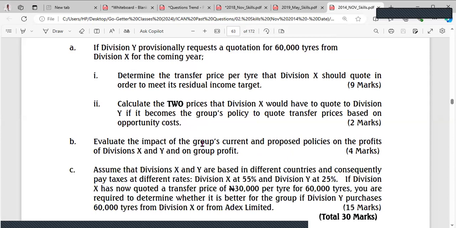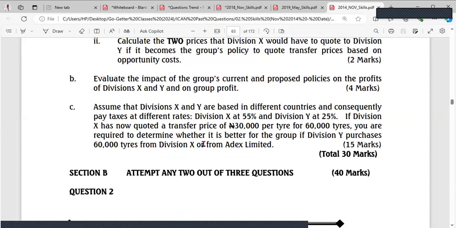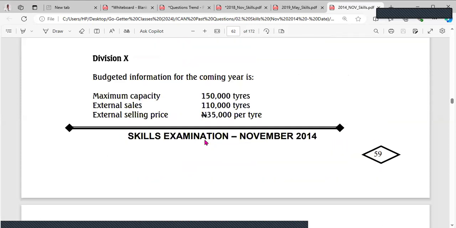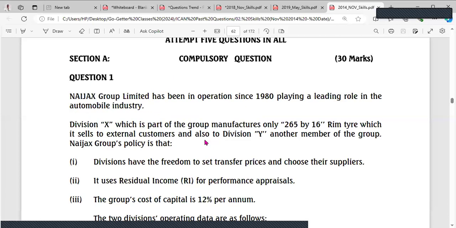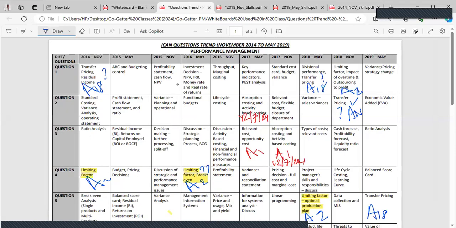This question is divisional performance. We apply this divisional performance when we are taking this question. So permit me to solve this question again when we're taking divisional performance. So I will take this one to be A19.